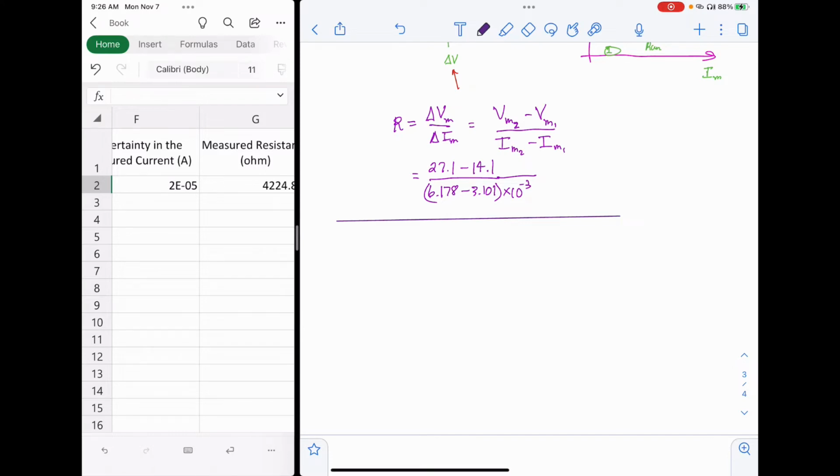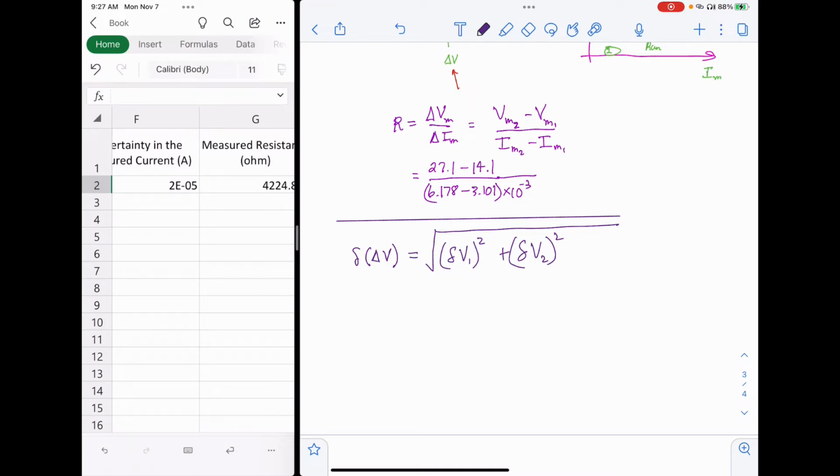So when we are looking at the uncertainty in this particular case, we have to use delta of delta V. So delta of delta V is going to be equal to the square root of delta V1 squared plus delta V2 squared. And that's going to give it to us.